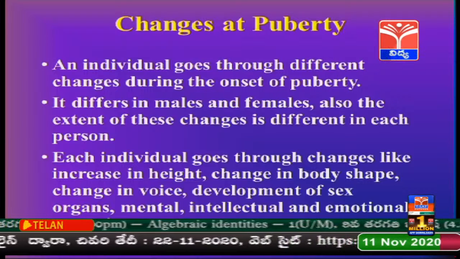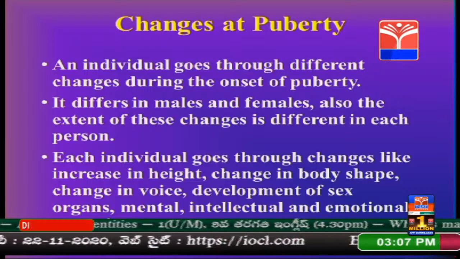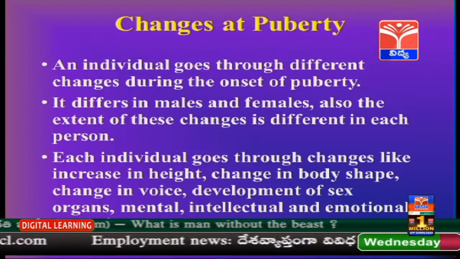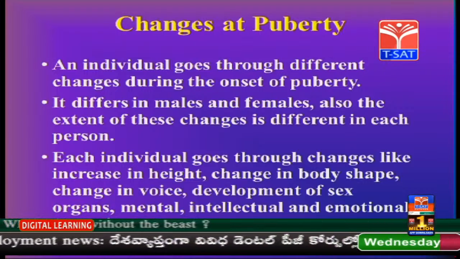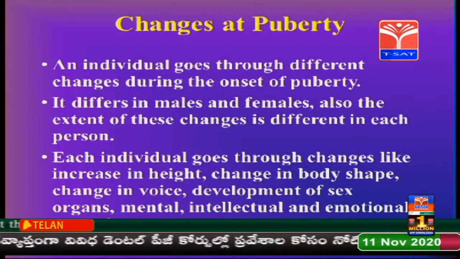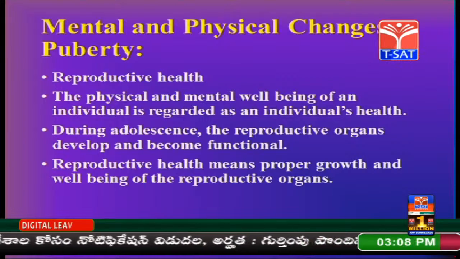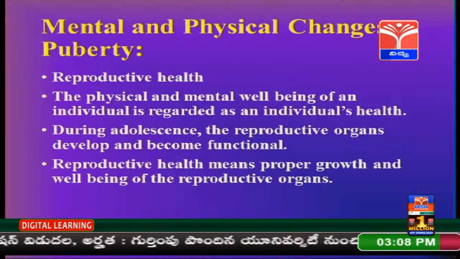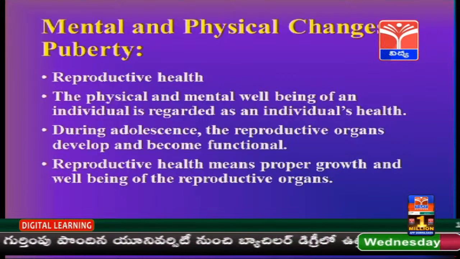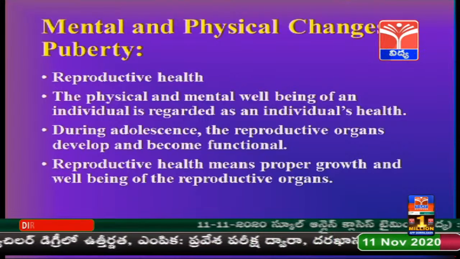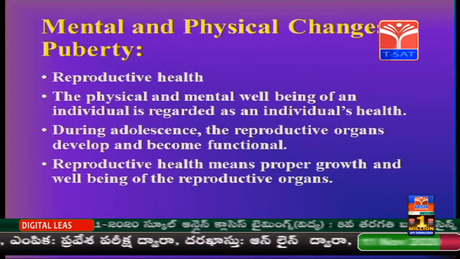The mental, intellectual and emotional maturity takes place in this age. You should be very much balanced so that you will not get confused. The reproductive health should be really taken care of in this age. The physical and the mental balance should be maintained. That is very important for every individual's health.